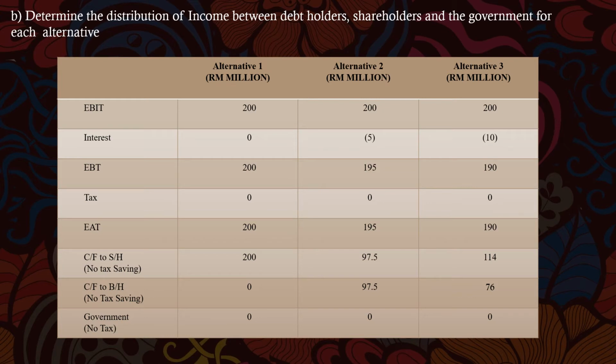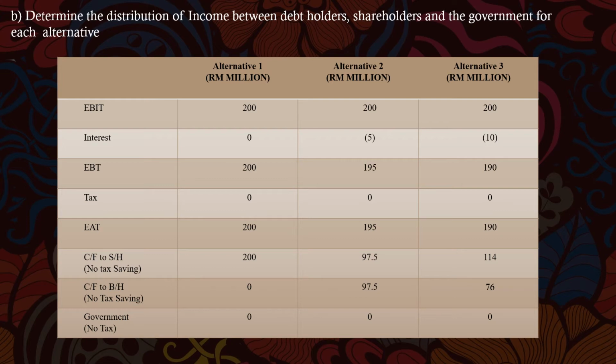Okay, the last one is alternative 3. Alternative 3 is financed using only new debt. So, for the distribution of income to bondholders, amount of debt divided by the amount of equity times total earnings, which is 100 million divided by 250 million times 190.